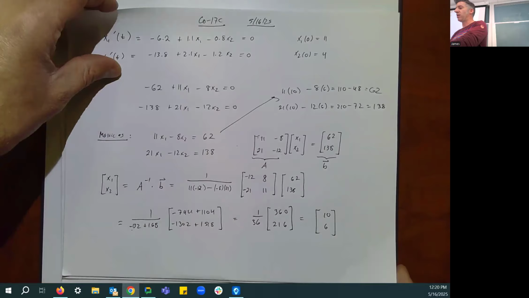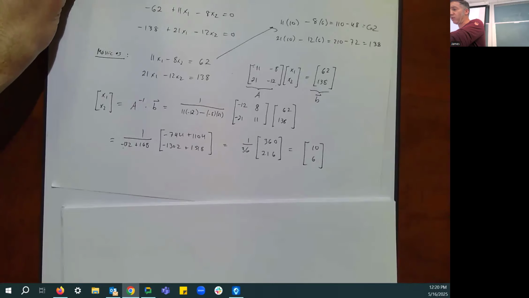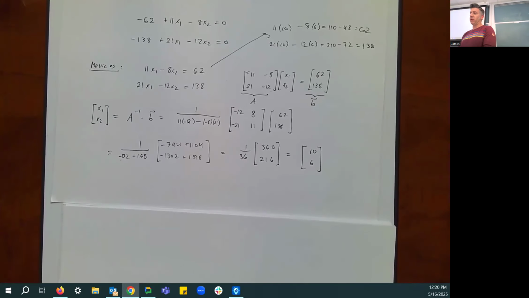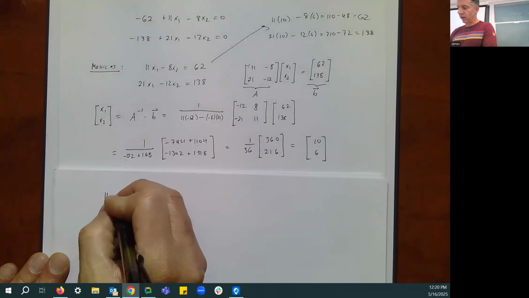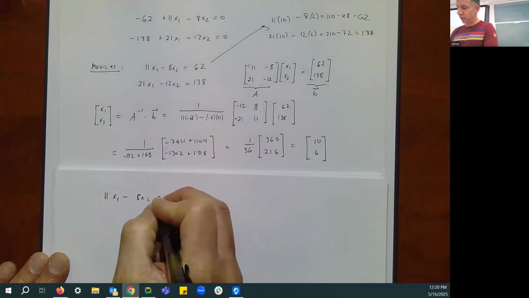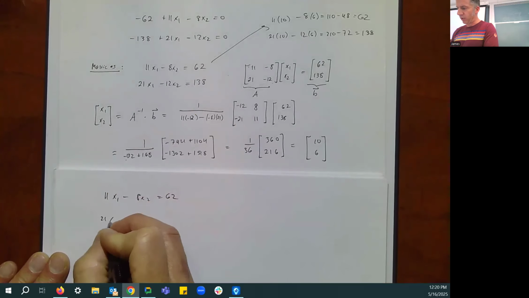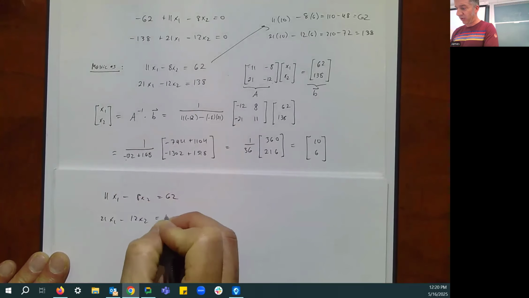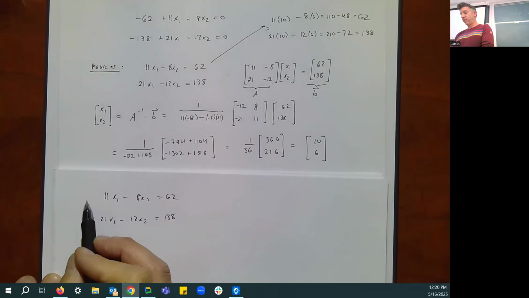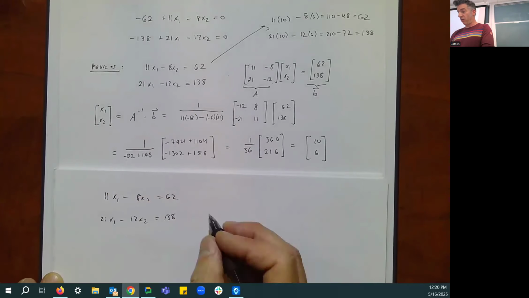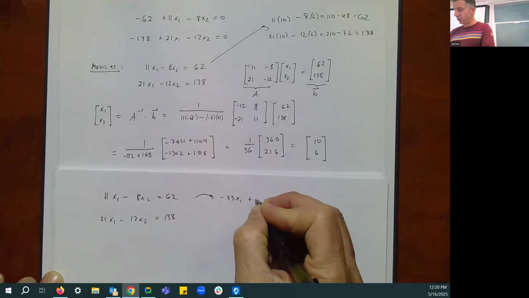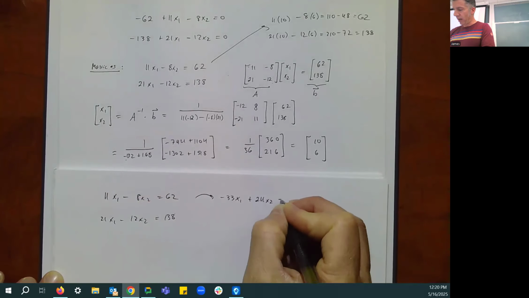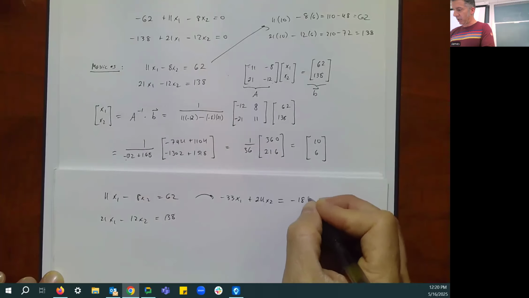So we could probably do this with elimination not too badly if we try to eliminate the x2s. So let me just show you that one as well. We could take this equation, 11x1 minus 8x2 equal to 62, and 21x1 minus 12x2 equal to 138. I'm going to multiply the first equation by negative 3 and get negative 33x1 plus 24x2 equal to negative 186.